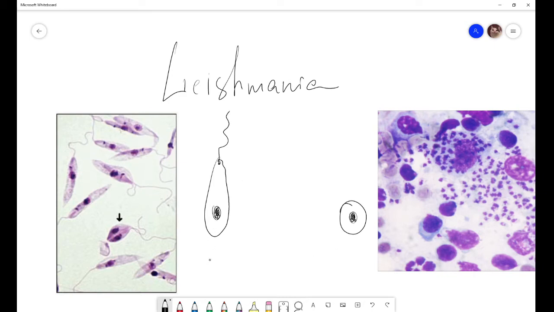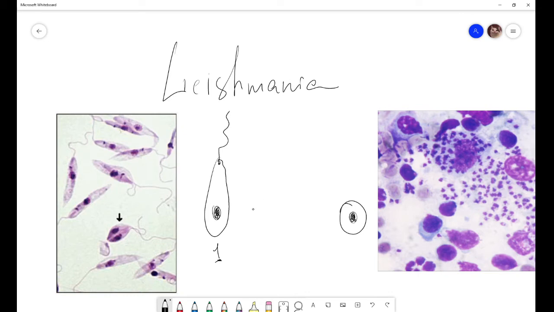First, one form is promastigota. Another name of promastigota is leptomonad form.